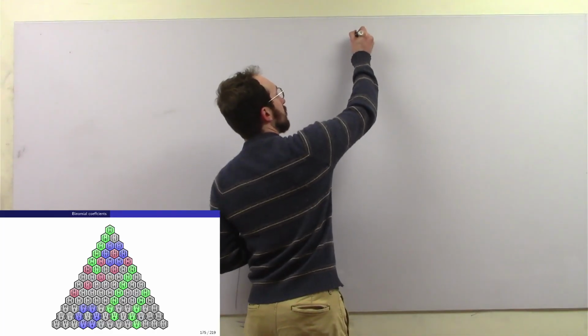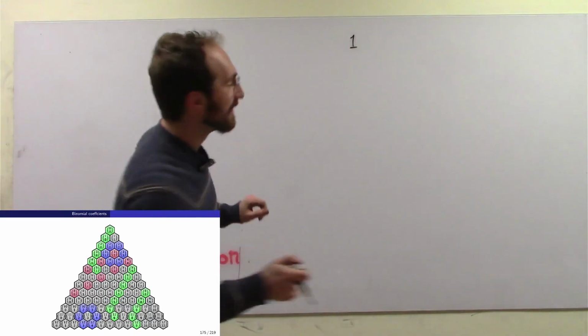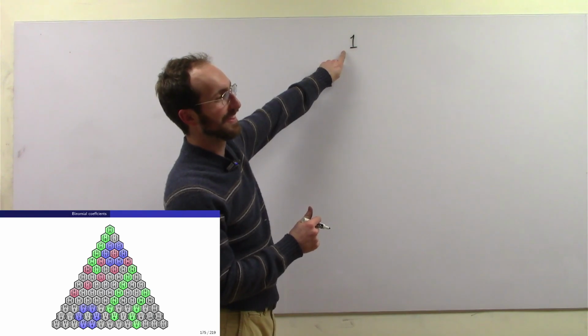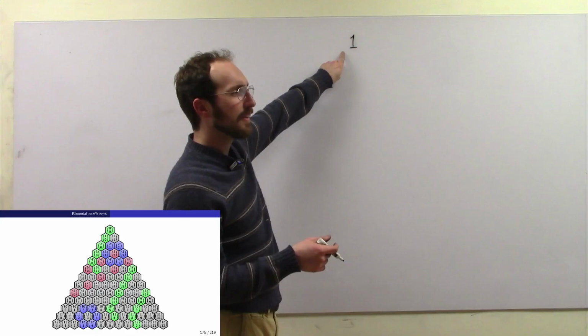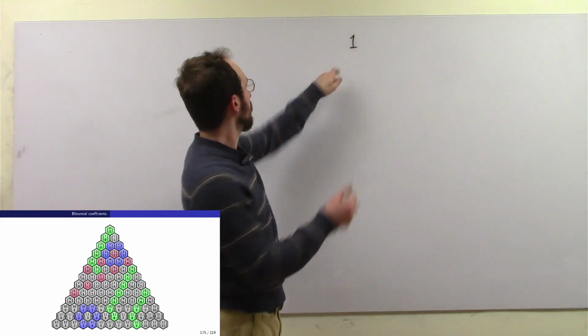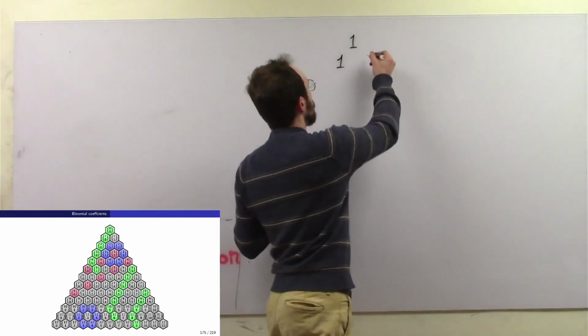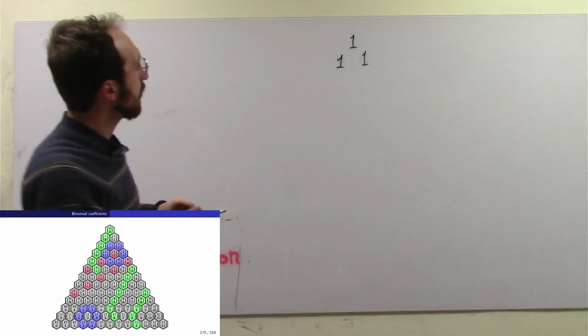That is 1. We have one way to choose 0 things from a set of size 0, of course. Now what about 1 choose 0? That is 1 as well. 1 choose 1. 1.